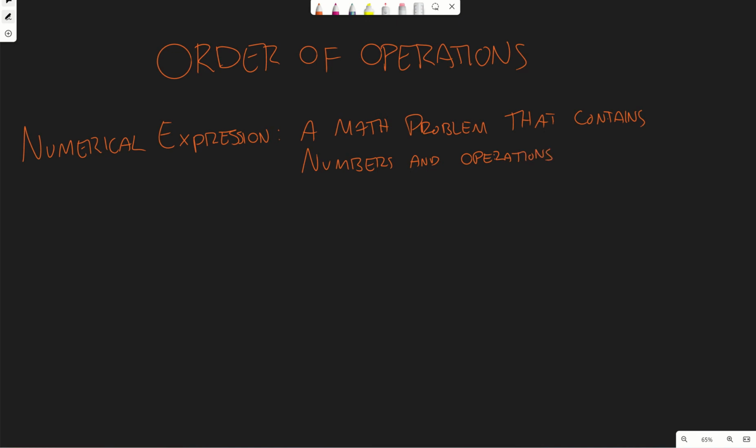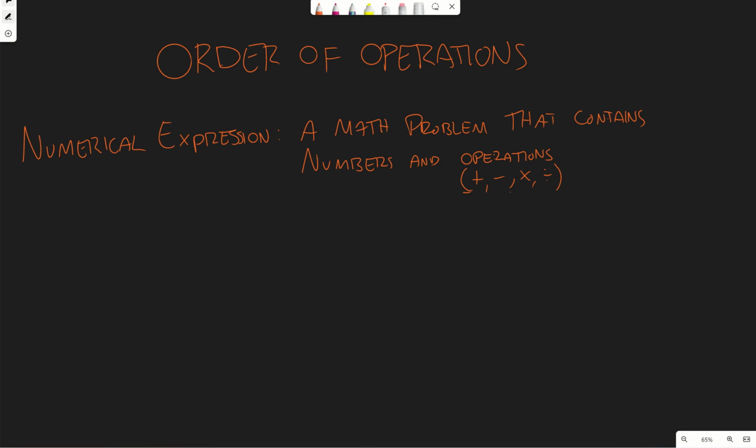Remember, our operations are addition, subtraction, multiplication, and division. So those are our operations. That's a numerical math problem.